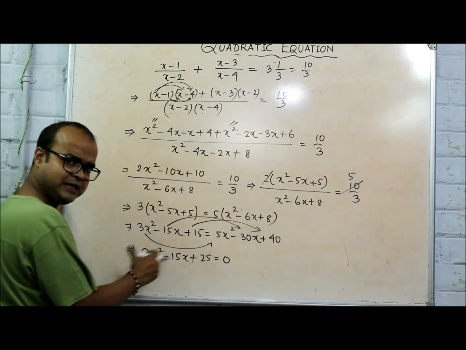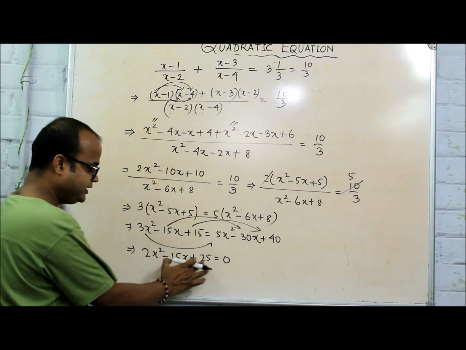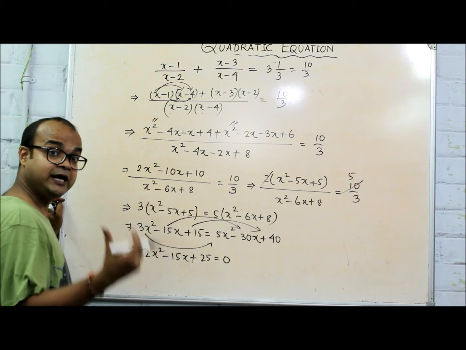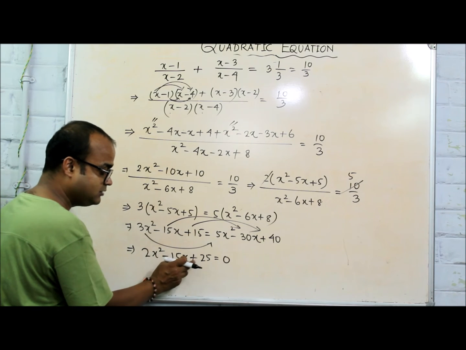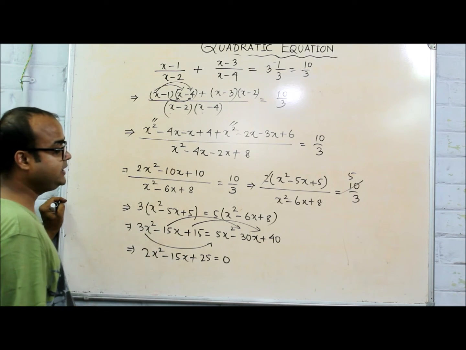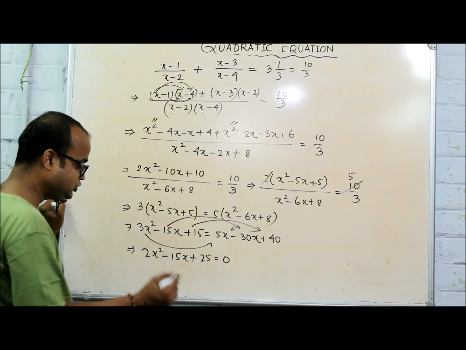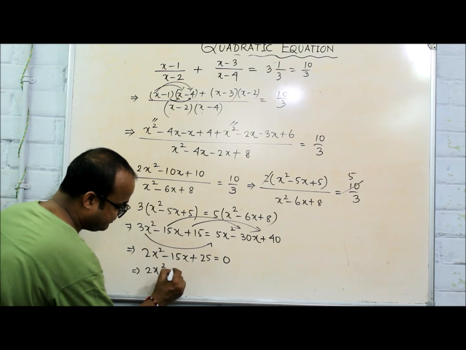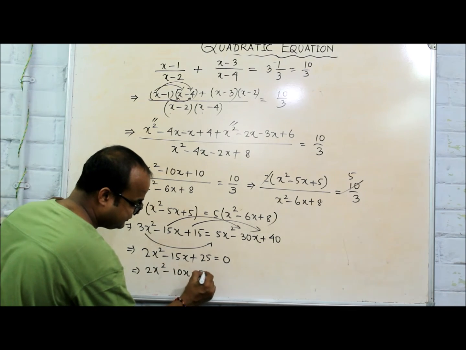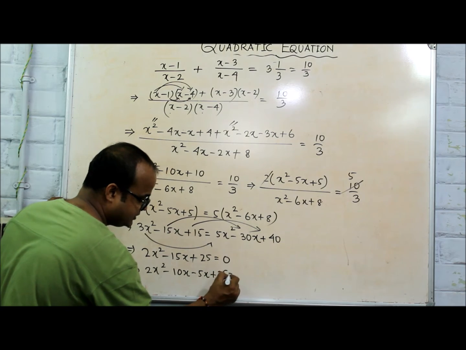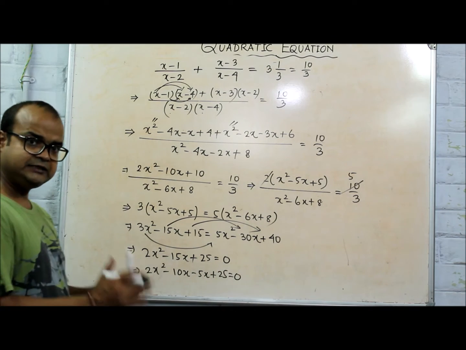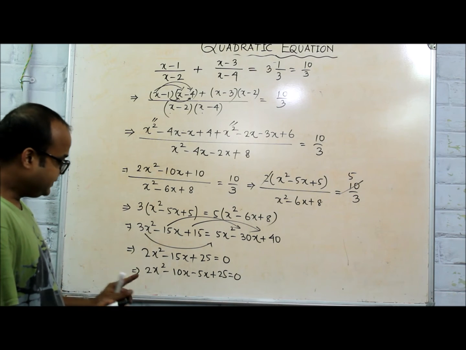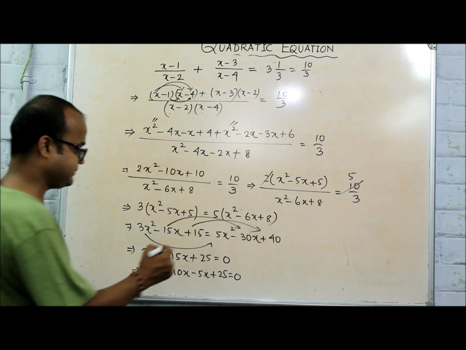25 into 2. Now we apply the middle term factor product. 25 into 2, 50. 50 we need to divide into 2 parts such that the sum is equal to 15. So 10 and 5 are the two numbers. So we write 2x square minus 10x minus 5x plus 25 is equal to 0. Now I think you are comfortable with the middle term factor, so I just cut down one step here.